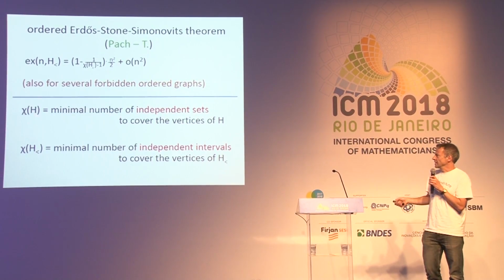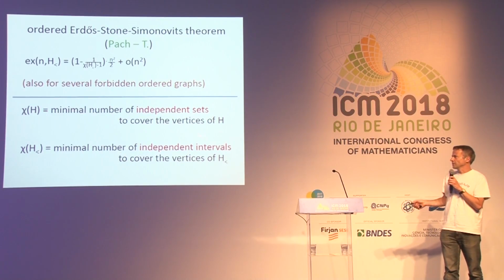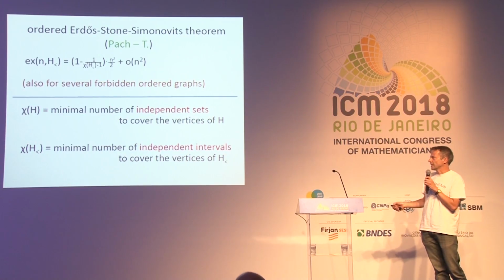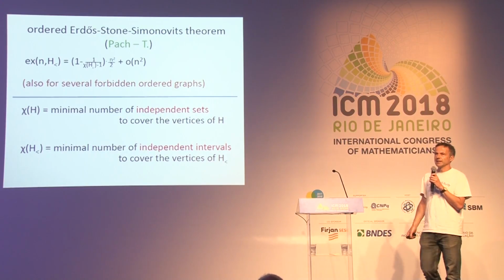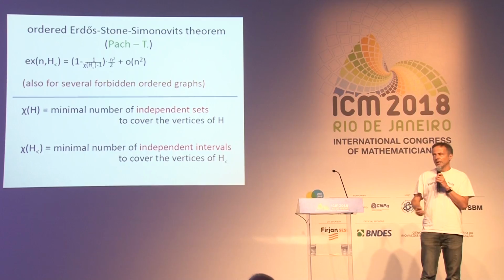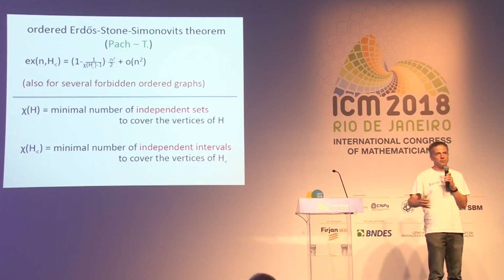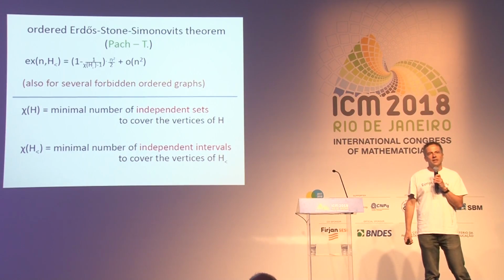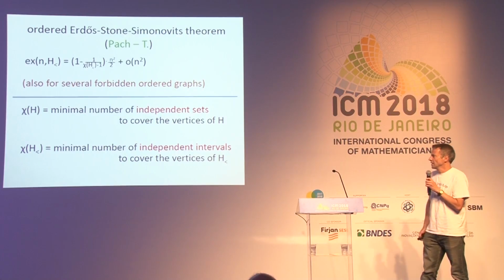So the chromatic number is how many independent sets you need to cover the vertices, and the interval chromatic number is how many independent intervals you need. So it's a proper coloring of the graph where an extra restriction is that each color class has to be consecutive. And that's a simpler notion than the original.